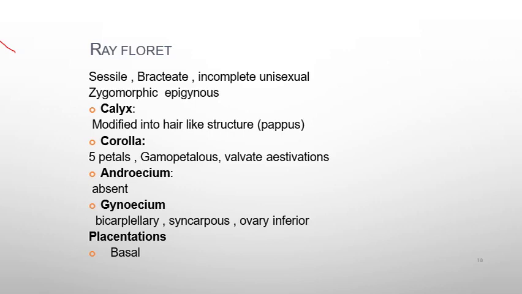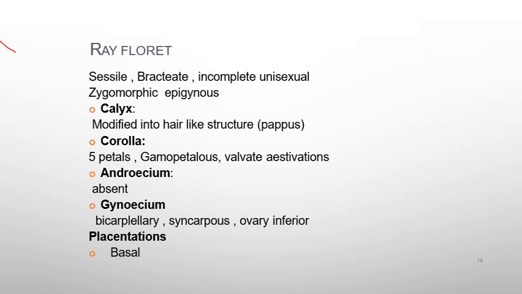So in this floret, the male reproductive part is totally absent, so the androecium is absent, while the gynoecium consists of two carpels, so it is bicarpellary. These carpels are fused together, so they are syncarpous, and the ovary is inferior.